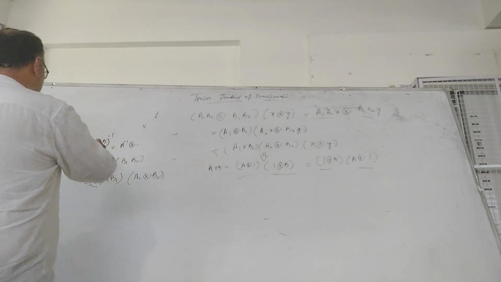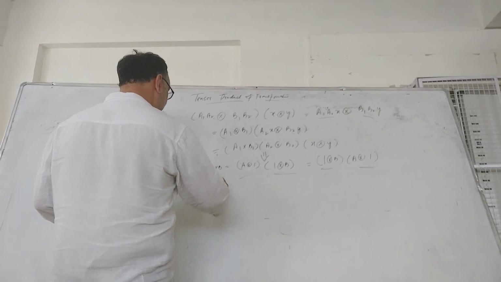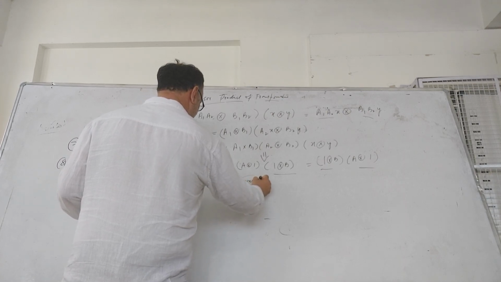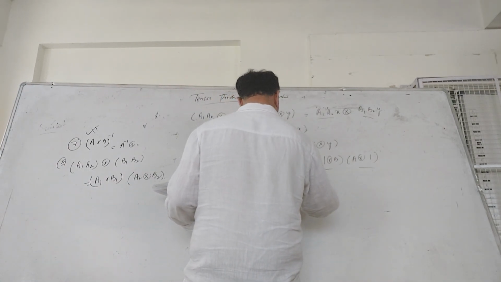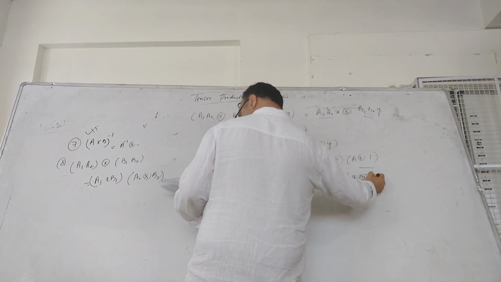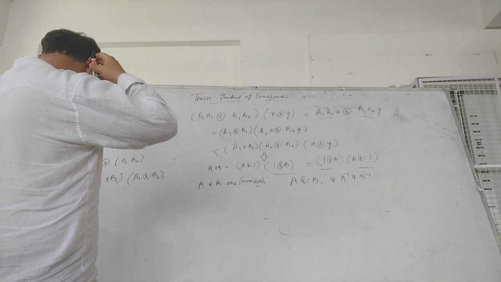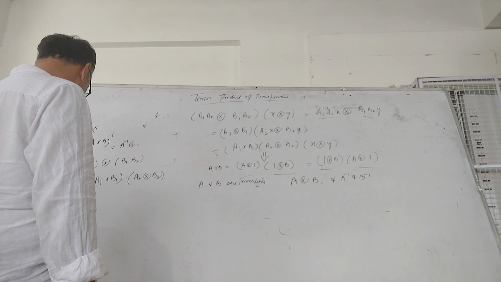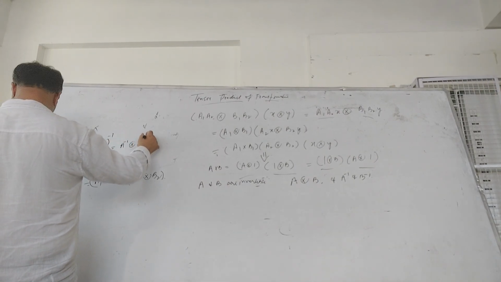And to prove this seventh one, what we are going to do is: if A and B are invertible, and from A cross B and A inverse and B inverse, it follows that if A and B are invertible, 7 holds.